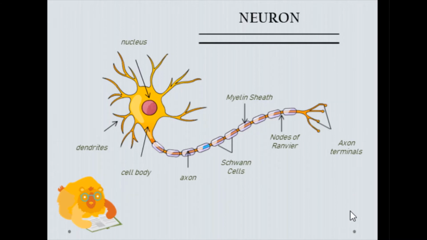There you have it. These are the parts of the neuron, and these parts perform different functions so as to give a very good nervous system. Let's proceed.